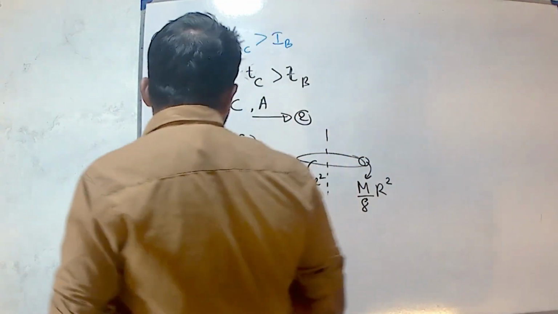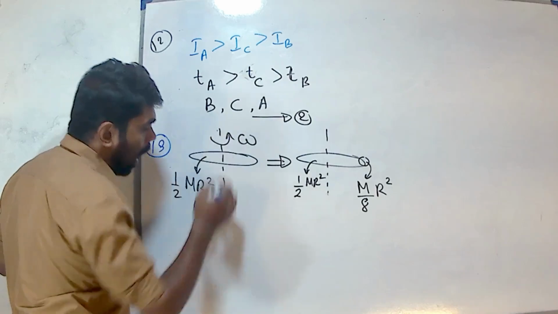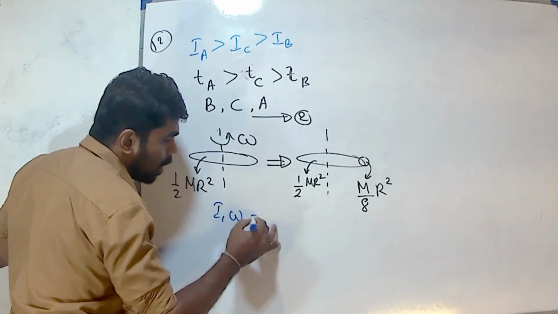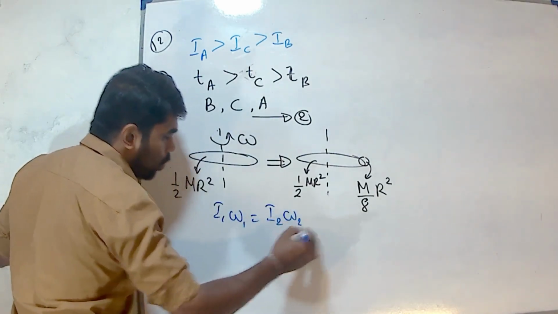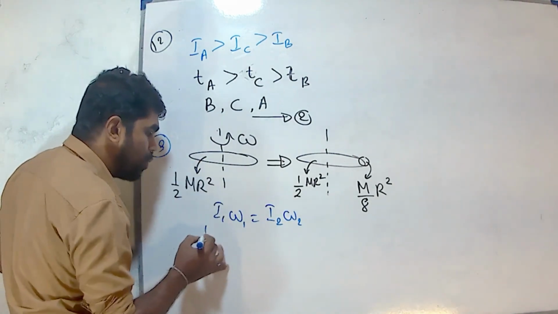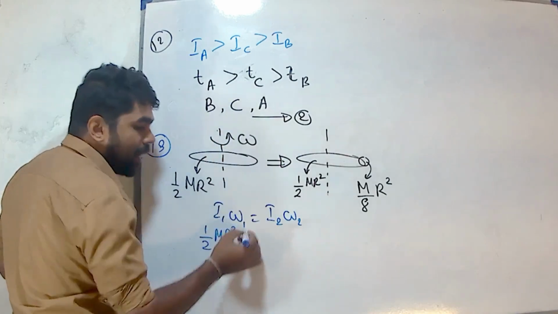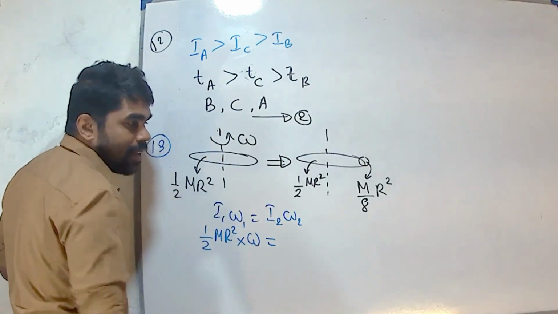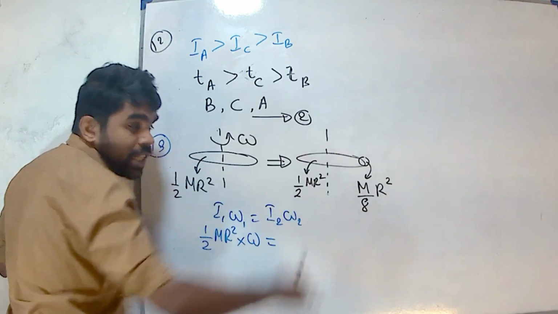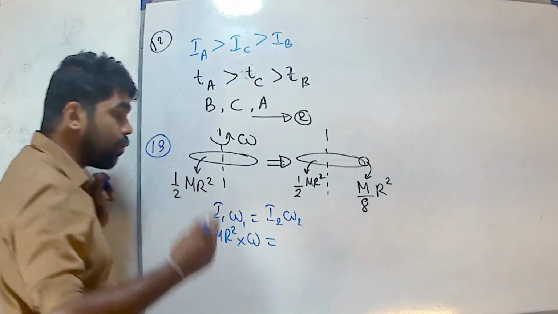For the first situation, we can write I1 omega 1 equals I2 omega 2. The moment of inertia of the first object is half mr squared, multiplied by angular velocity omega, which should equal, for the second situation, the total of two moment of inertia values.